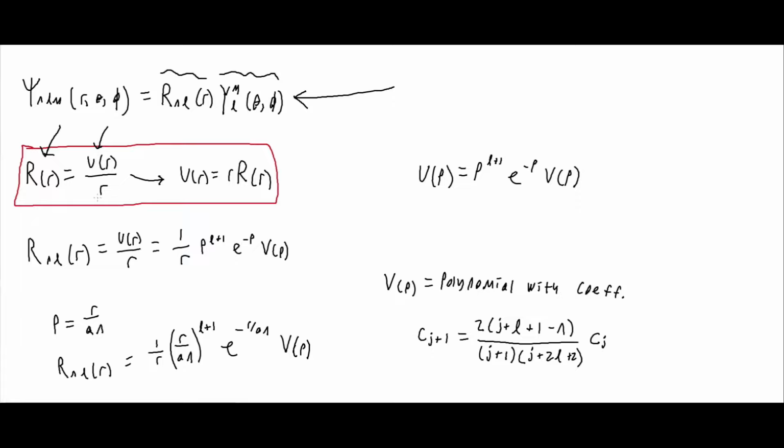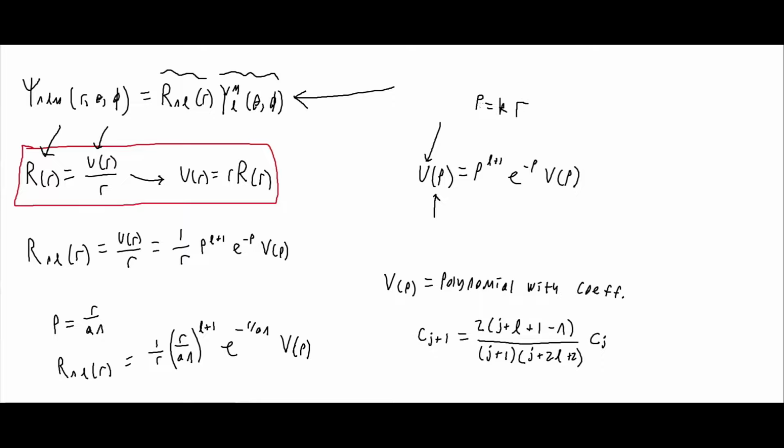If you remember from the first video on the hydrogen atom, we had this u as a function of rho, where rho is equal to kappa r.